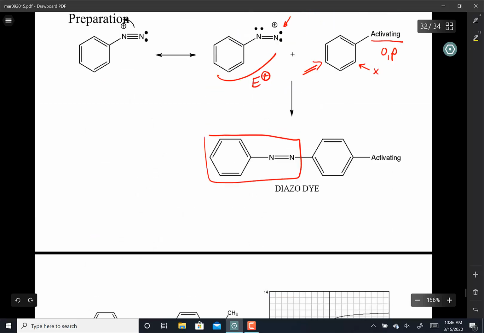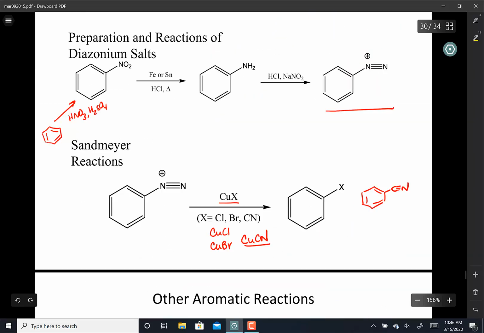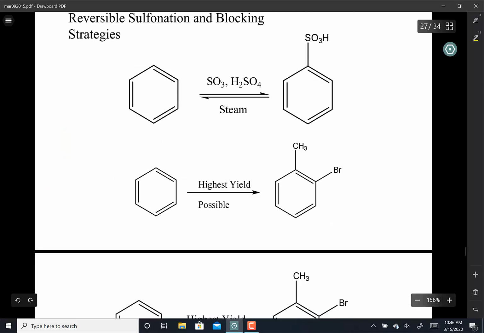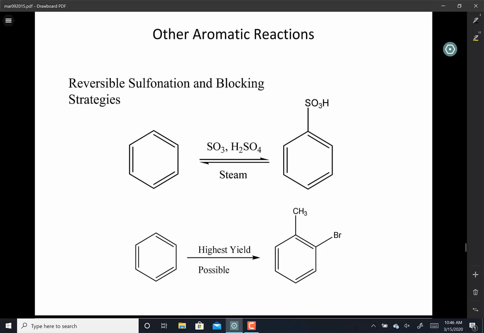All right, so the last thing I want to talk about here is to go back in my notes to what's called blocking. It turns out that if you sulfonate, if you add a sulfonic acid group, this is the sulfonic acid, to the ring, you can actually take it off.